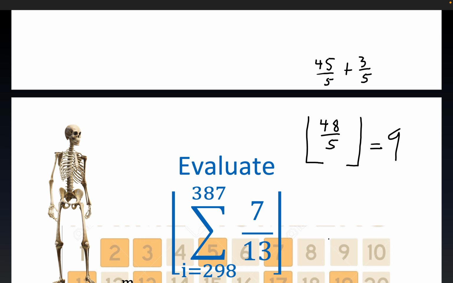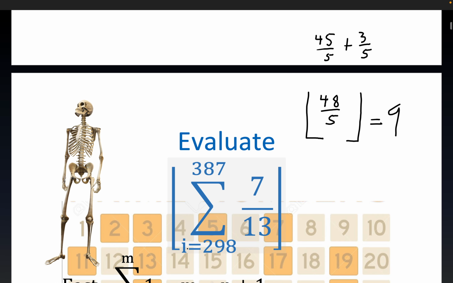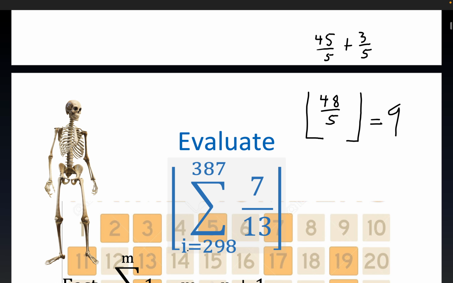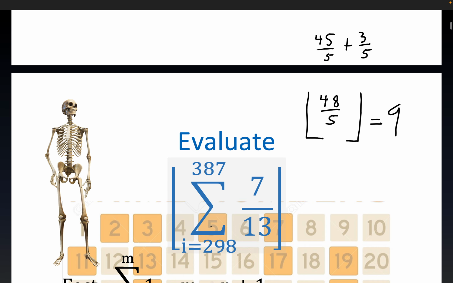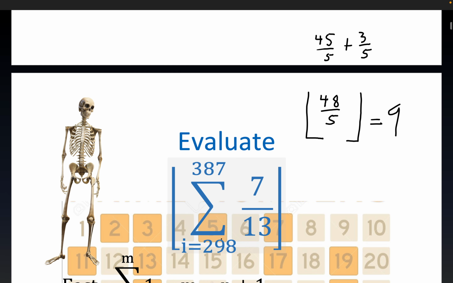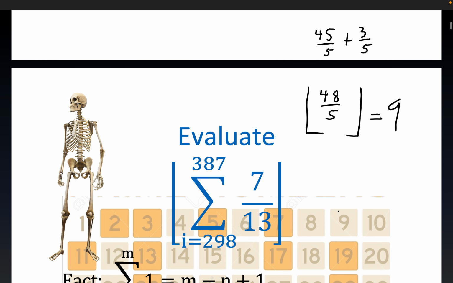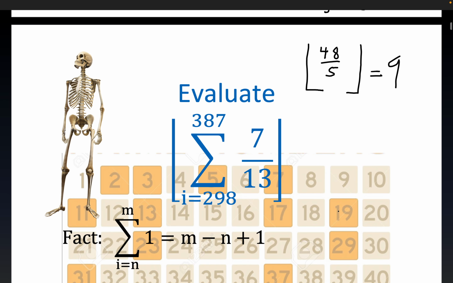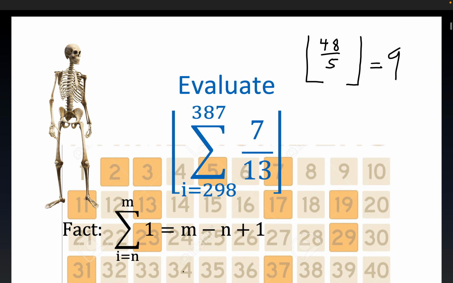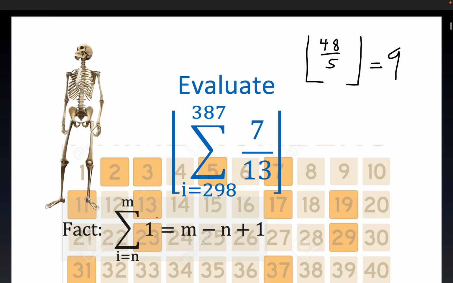Now, what's strange about this one is that we have a summation that has no dependency on the summation index. What that means is that this just gets summed up however many times the indices indicate. That's slightly tricky. Let's take a look at a fact that's very useful in resolving this summation.